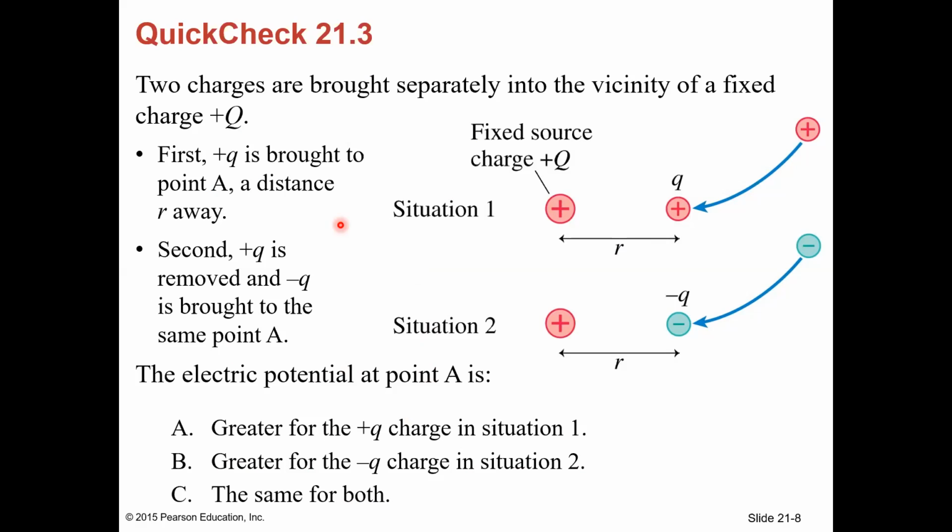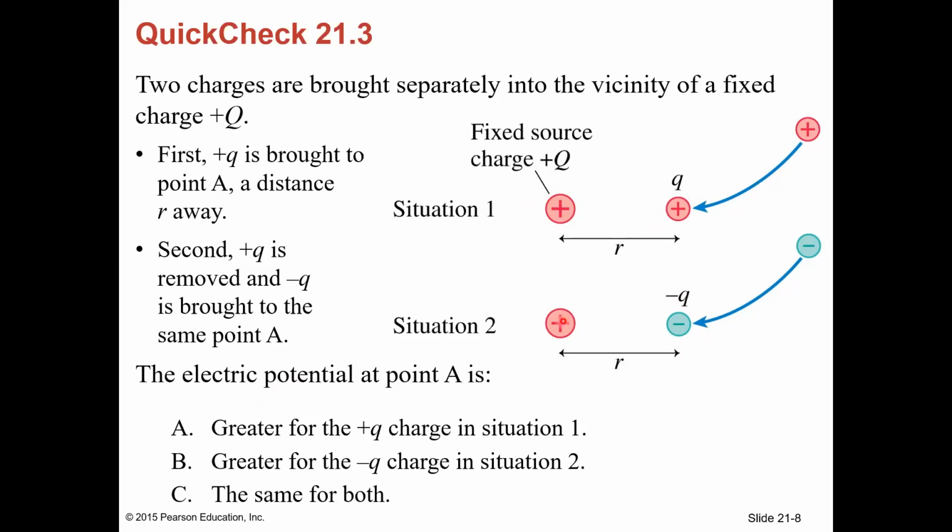All right, so let's look at this. If we're talking about the potential, remember, potential is not an interaction. It's just created by the source charge. So this positive Q and this negative Q do not affect the potential. The only thing that affects the potential is the source charge right here.